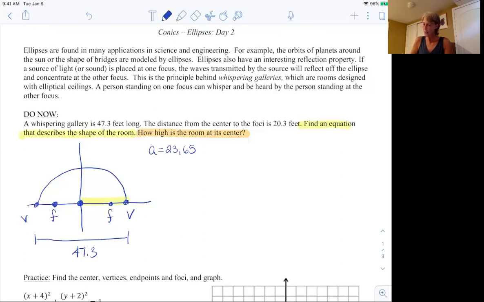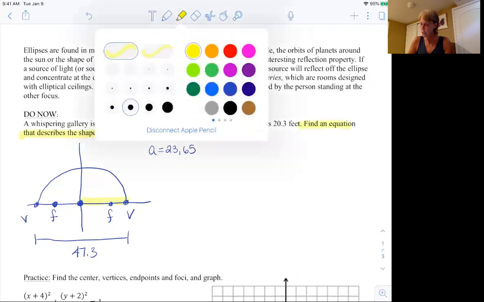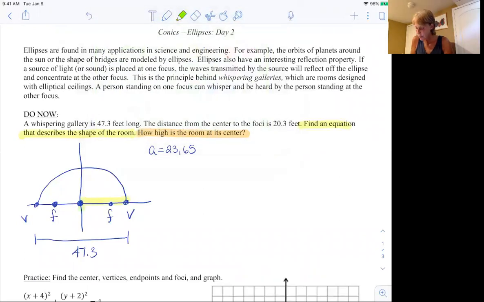The distance from the center to the focus is 20.3 feet. Let's change our color a little bit. Center to focus is 20.3 feet, so that means my c distance is 20.3. Find an equation, so now I have to figure out which one to format it in.